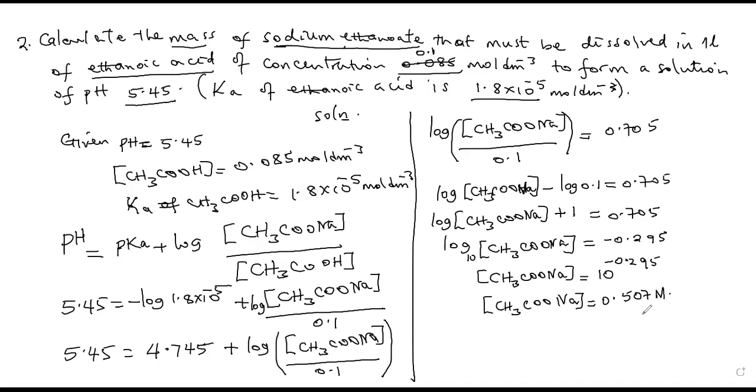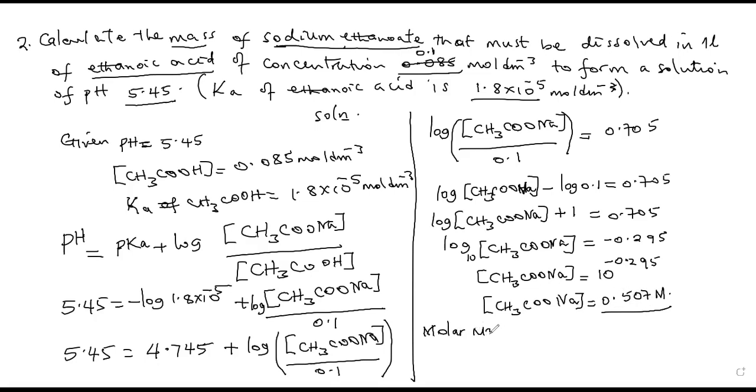But the question is, calculate the mass of sodium ethanoate that must be dissolved in 1 liter. So they need mass in 1 liter, or mass per liter. So what are we going to do? Since we have the moles or the concentration, we are going to get the molar mass. And with the molar mass, we can easily convert the molarity from moles to grams.